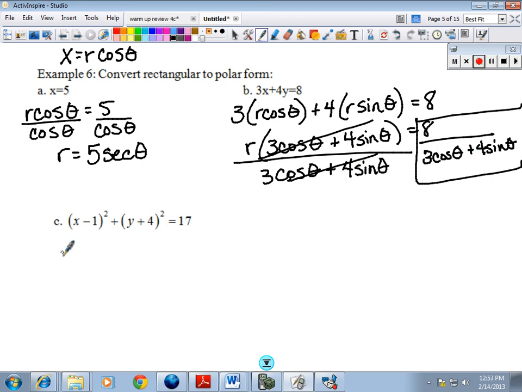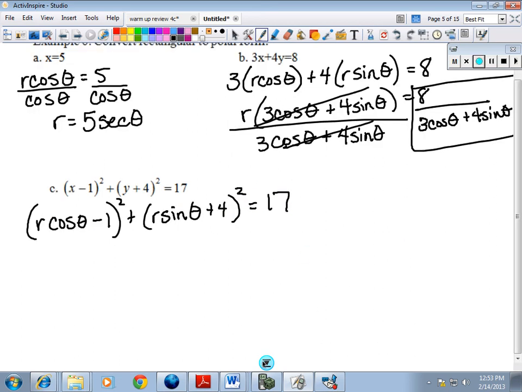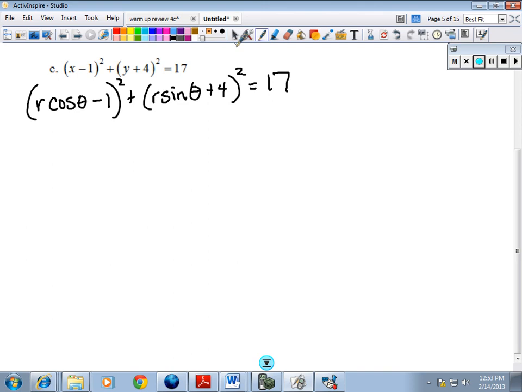The last one is a little trickier. Everywhere there's an x, I'm going to put an r cosine of theta. Everywhere there's a y, an r sine of theta. And I need to solve this thing for r. Well, I need to fold this out.